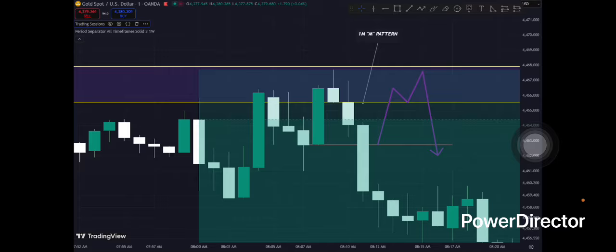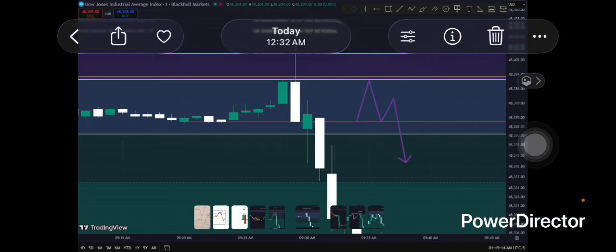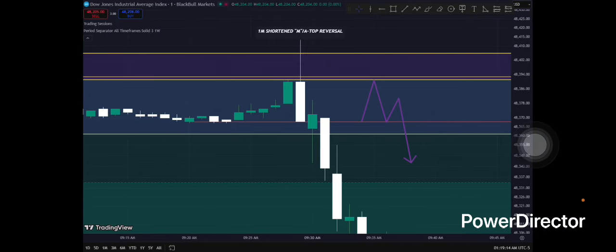Gold, sometimes it starts moving as early as 8 o'clock, okay? 8 o'clock, 8:30, right? But the indexes, we want to see this pattern like this one is being completed at 9:30, okay? So before 9:30, just before 9:30, you can see the completion of the M pattern, okay?